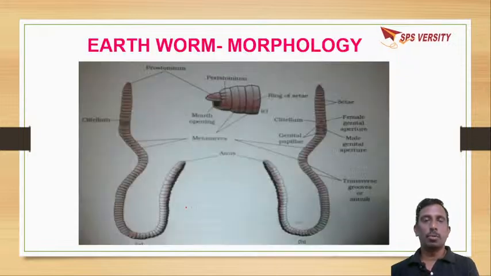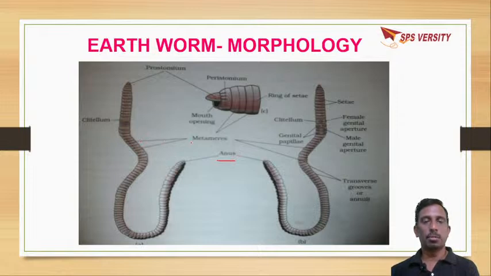We come to the morphology of earthworms, that is external features. The earthworm has many ring-like structures, which is called segmentation. You can see external segmentation. Starting from the mouth, the anterior opening is called mouth, and the posterior one is the anus.